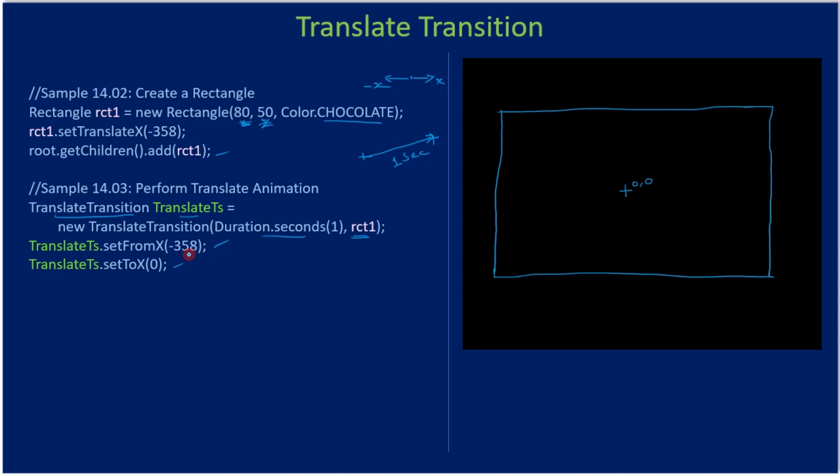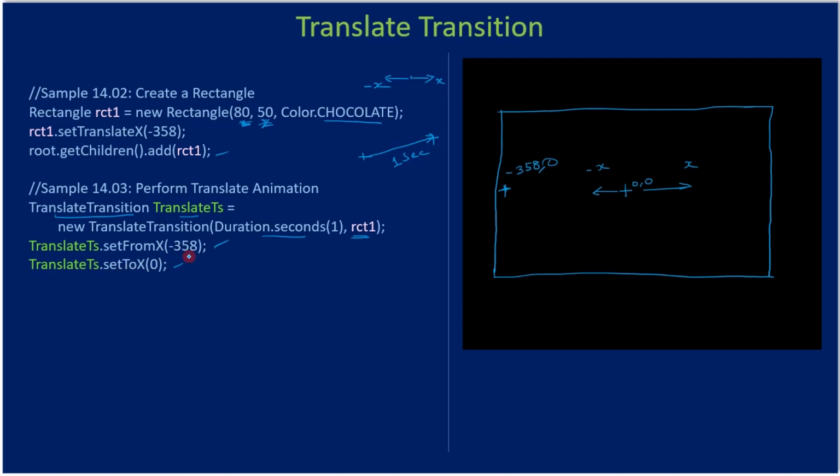And if you see set from X minus 358, because this is the X direction, right? This is negative X and this one is positive X. And let's state that in X, this is minus 358. So Y, we are giving the default. That means we don't specify Y, so the default will be taken.